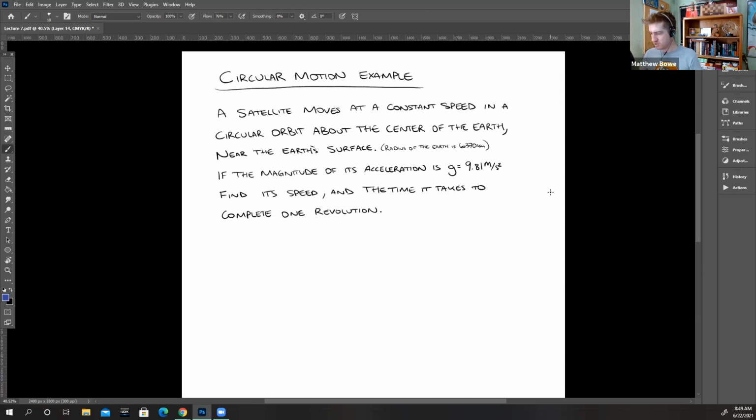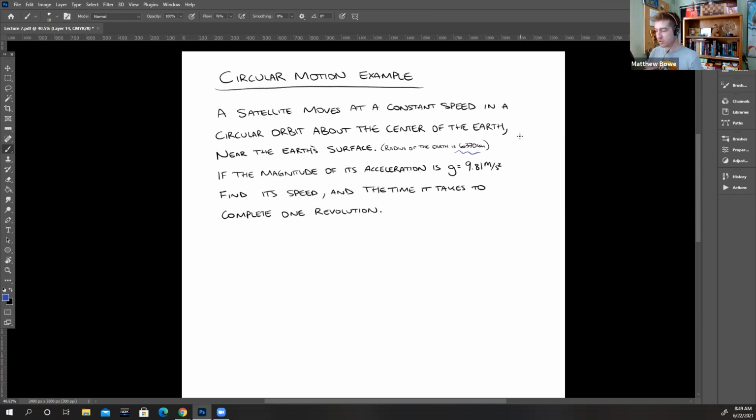So we're going to assume in this problem that the Earth's radius is exactly 6,370 kilometers. And we could say that the satellite is about that distance as well.